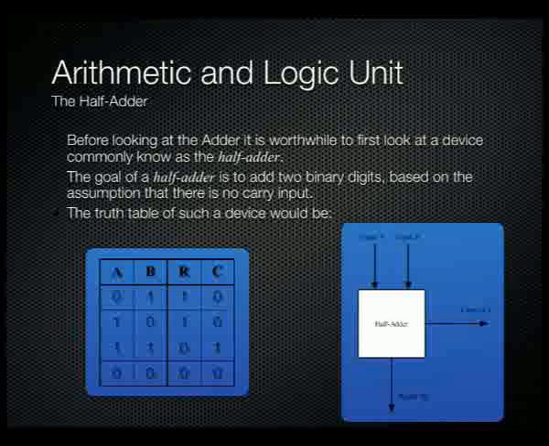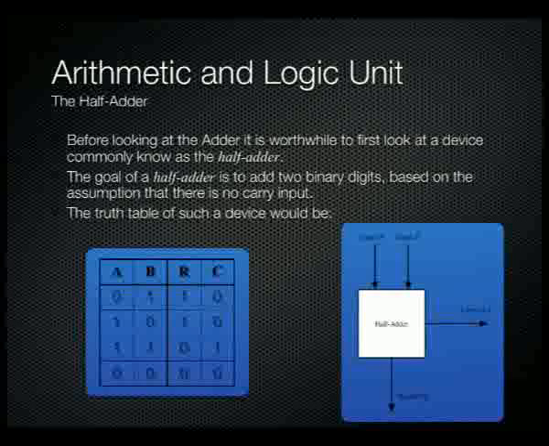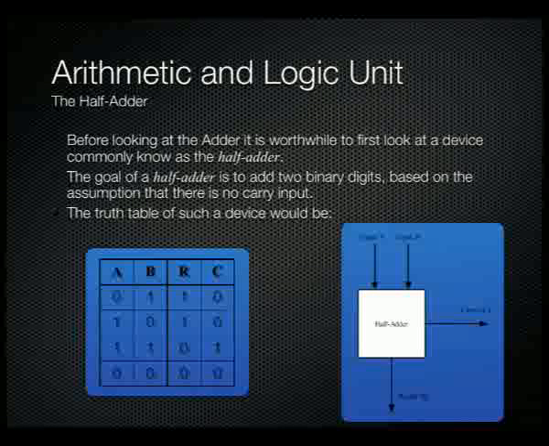The truth table of this device is simple. If A is 0 and B is 1, then the result is 1 and the carry is 0. So A plus B is the result that we give out, and the carry is set if the result is greater than 1. In the case where one of A and B is 1 and the other bit is 0, we always get 1 out of the result, because it's simply 1 plus 0.